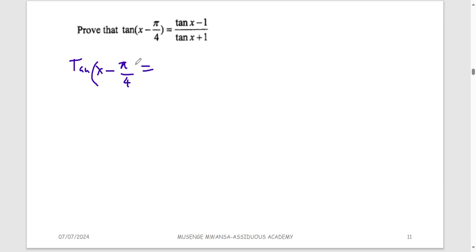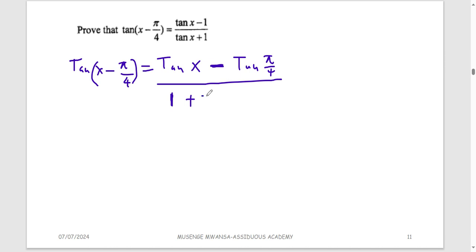We said this will become tan, get the first angle, which is x. If it is minus, the minus is still there. And then tan of the second angle, that's pi over 4. On the denominator you write the first one, you change the sign, it becomes positive. You get tan of the first angle x, and tan of the second angle pi over 4.